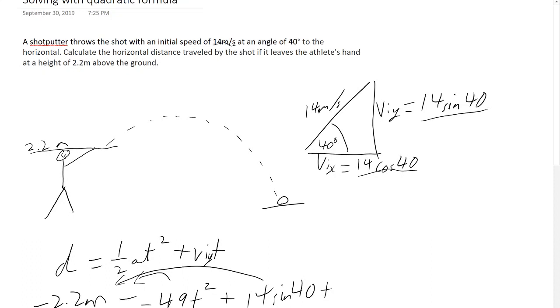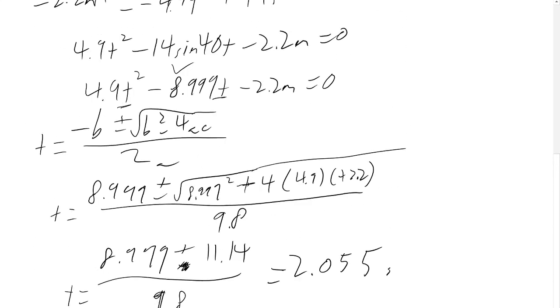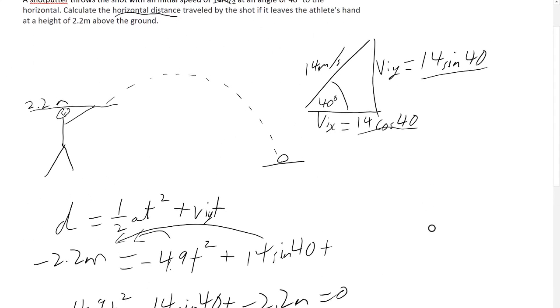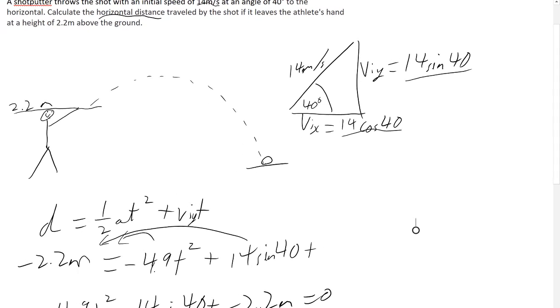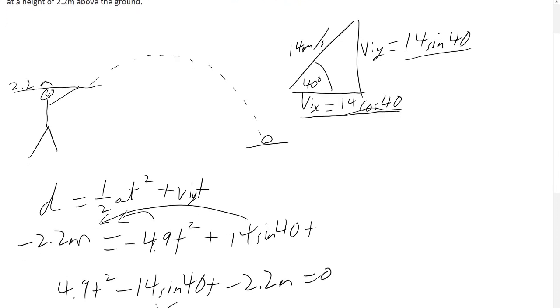So next, what we're actually looking for is the horizontal distance. But we right now have time. So to find the horizontal distance, we need to look at the horizontal vectors in our equation. So all that is Vix, which is 14 times cosine 40. And there's no acceleration.